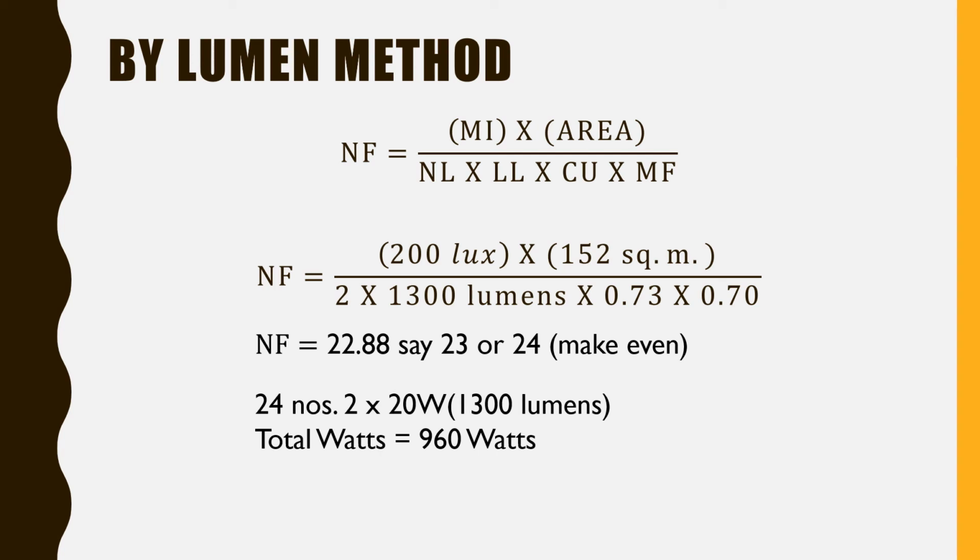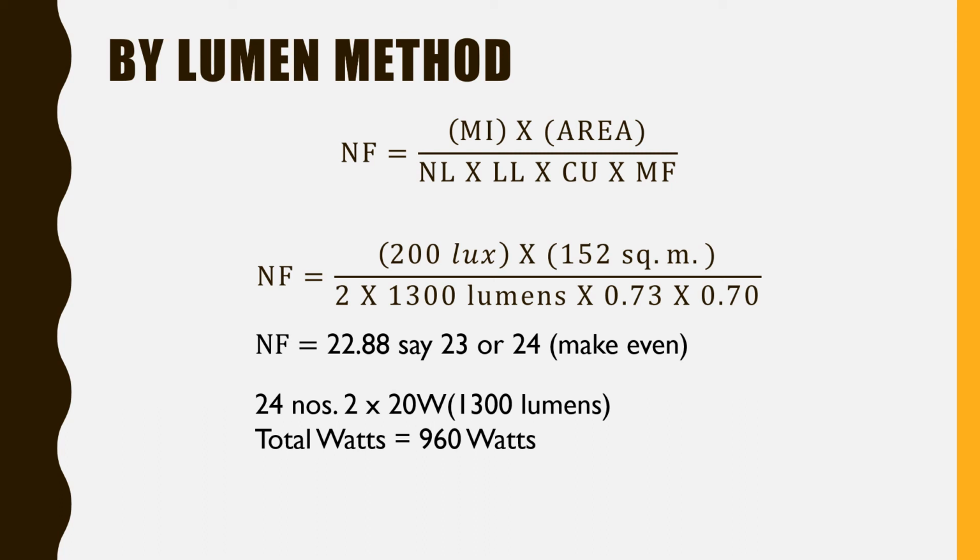What are the advantages? Here we have only 24. Previously we have 28, and 2 by 20 watts. So this is only 40 watts, one fixture, 40 watts. Previously it was 100 watts. And previously we didn't know the lumens, but here we know, 1300 lumens.